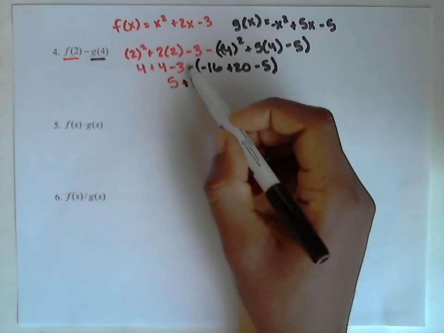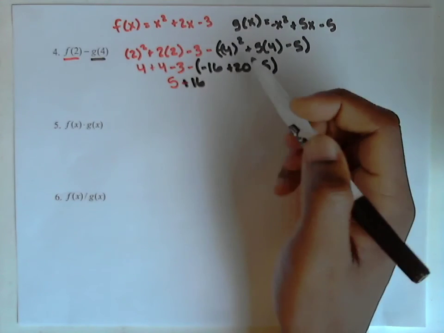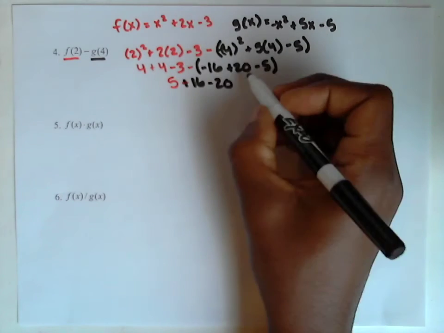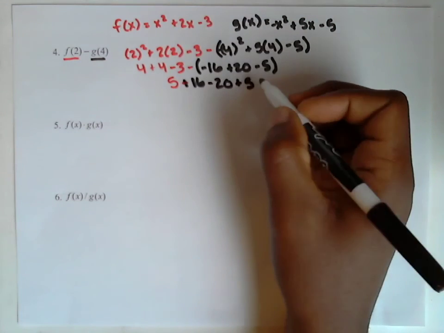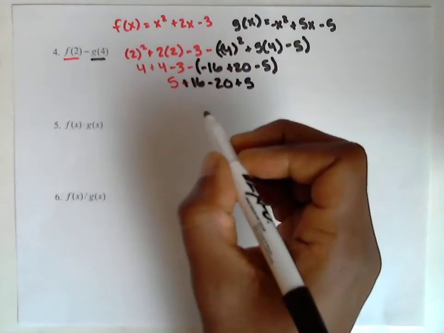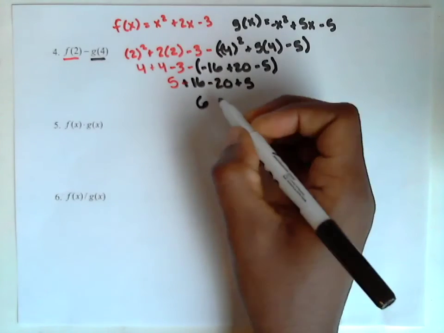I've got a minus positive 20, so I get minus 20, and I've got minus negative 5, so I have plus 5. Now when I put this all in my calculator, I'm going to get 6.